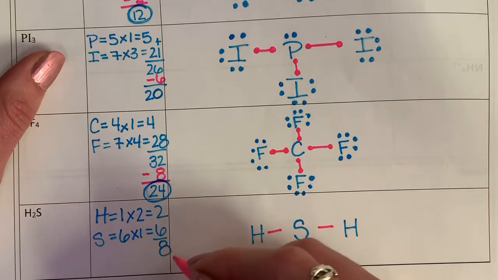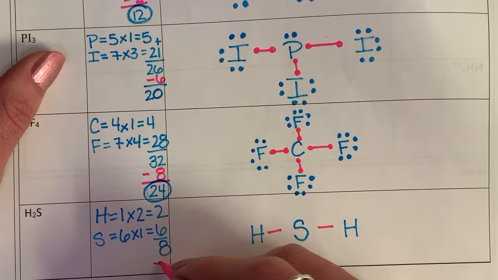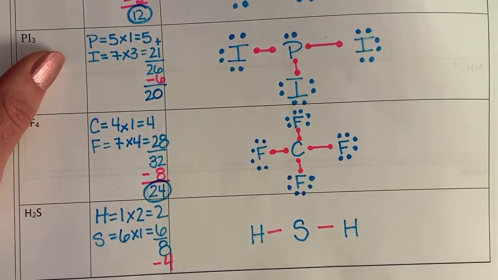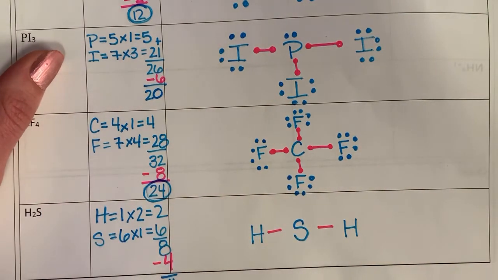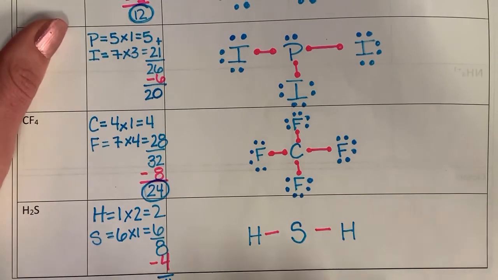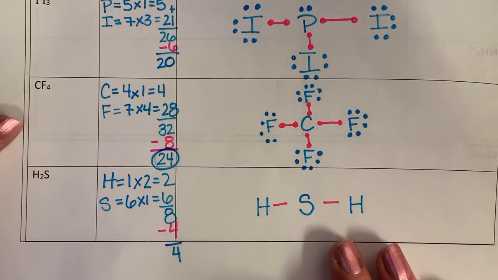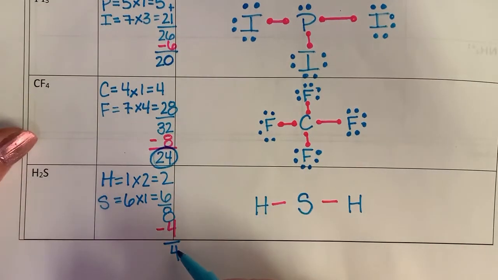I had 8 electrons to work with. I've used 4. I can only draw 4 dots. Hopefully by now you see the problem with this picture. I have 4 dots to draw, but if I'm getting everybody to magic number 8, that's not going to happen.